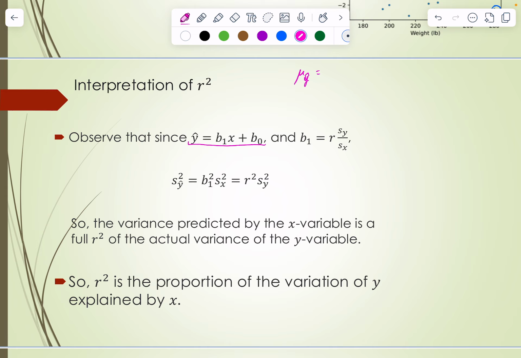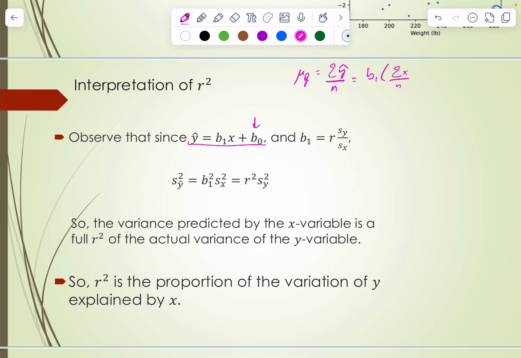That is going to equal, if I take the sum of all my y hats, divide them by n, the same thing as b1, which I can factor out of my sum, and these constants here are just going to add up.